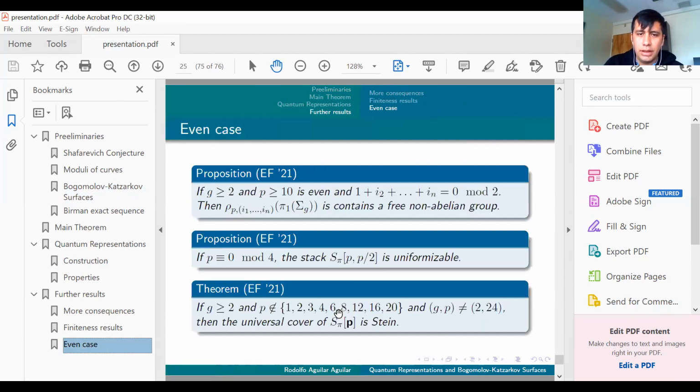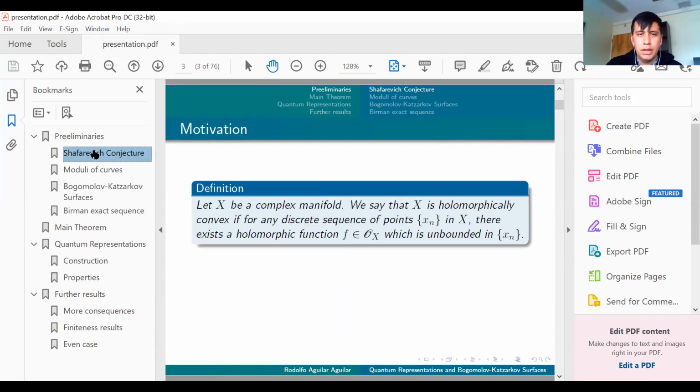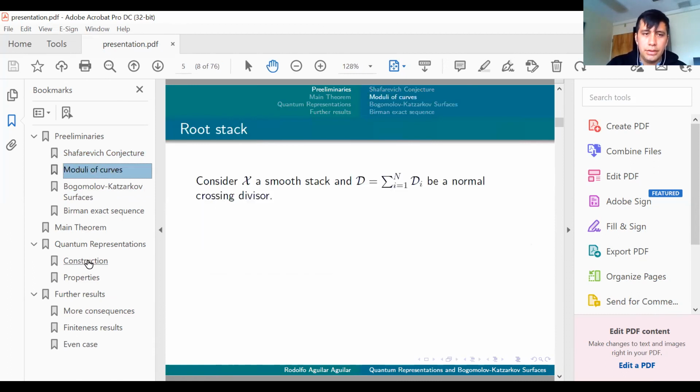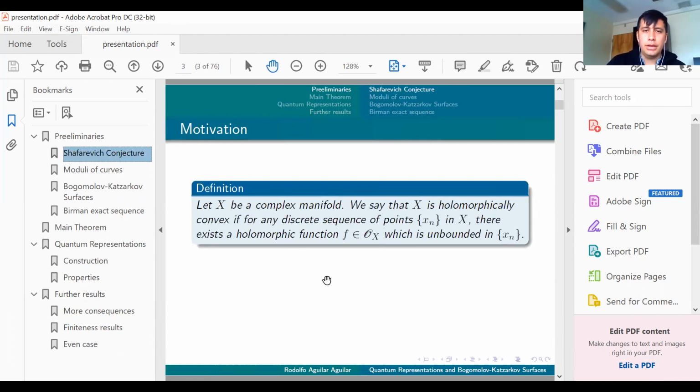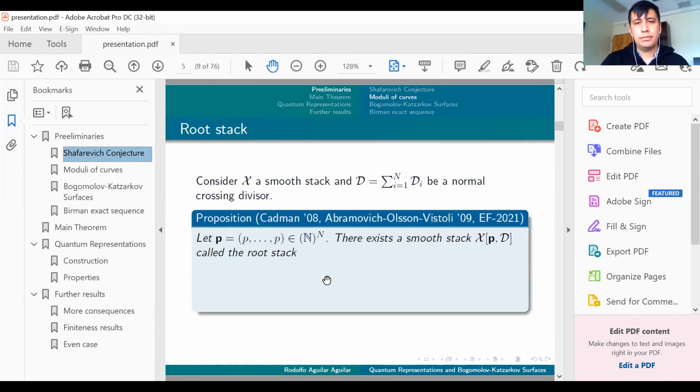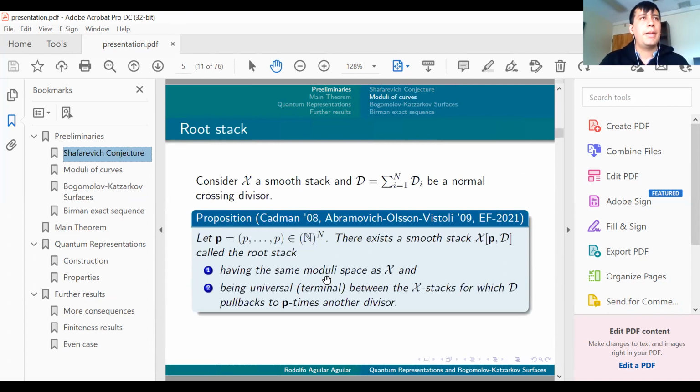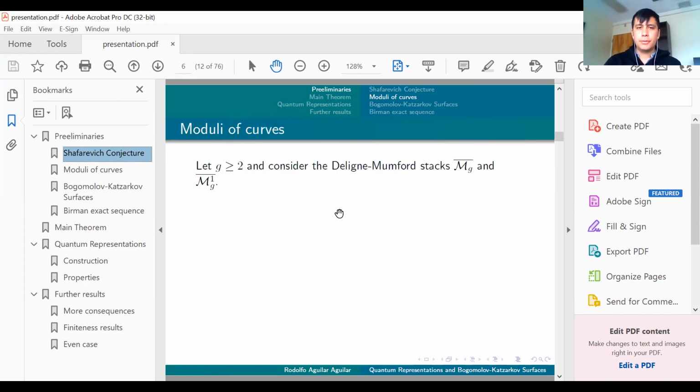They are only holomorphically convex in some cases. But yes, there are still some possible candidates. But of course, this shows that most of these surfaces are not counterexamples.